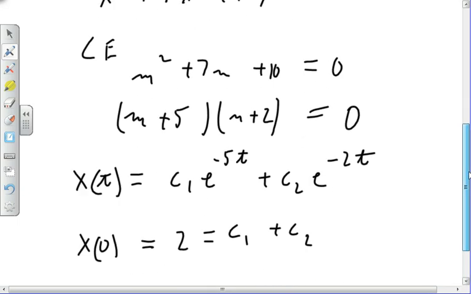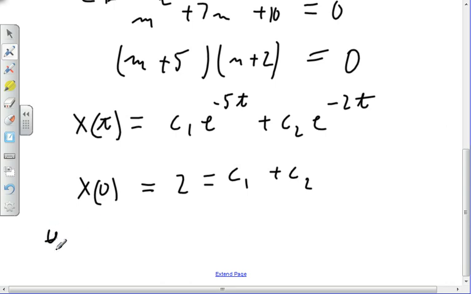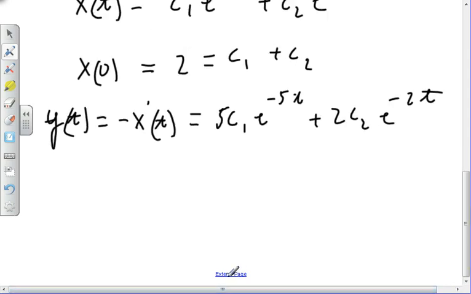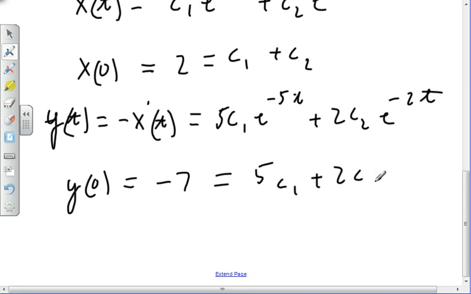So y of t is equal to minus x prime of t, which is going to be 5c1 e to the minus 5t plus 2c2 e to the minus 2t, and y at 0 is minus 7, which is 5c1 plus 2c2.